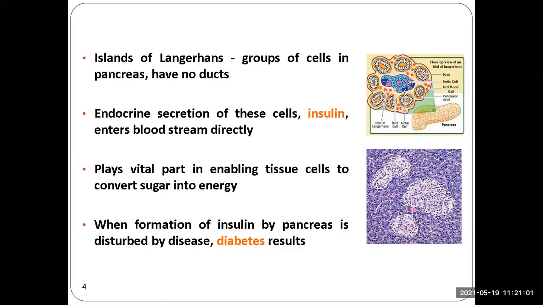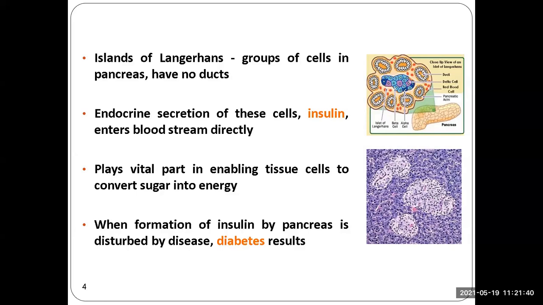Just for your information, the pancreas performs both exocrine and endocrine functions. 95% of the pancreas is exocrine tissue, and in most cases pancreatic cancer develops from these exocrine tissues, whereas only 1 to 2% is endocrine tissue producing endocrine secretions.